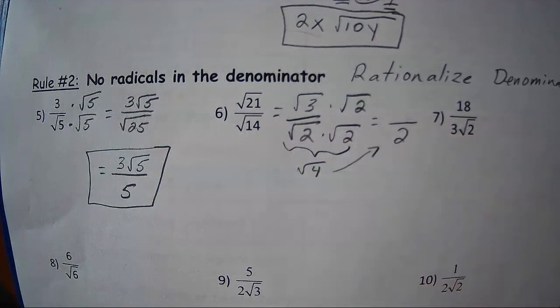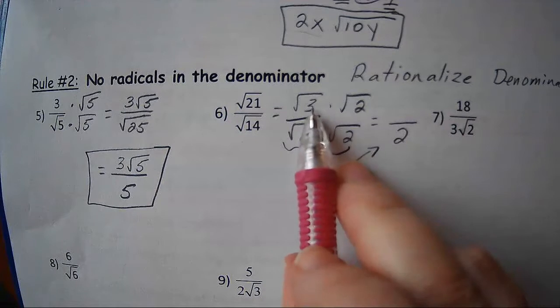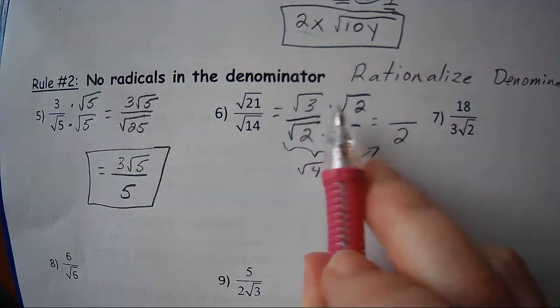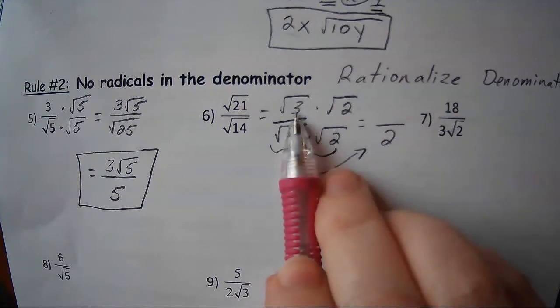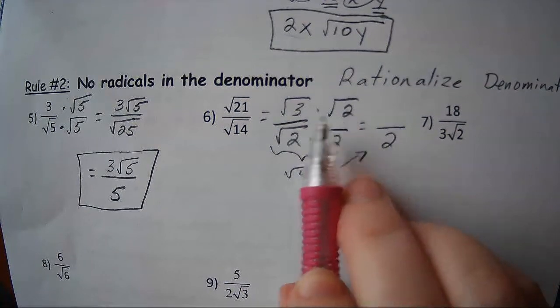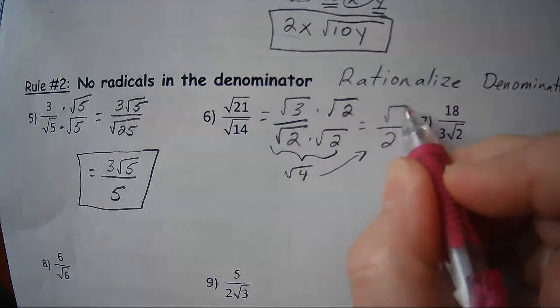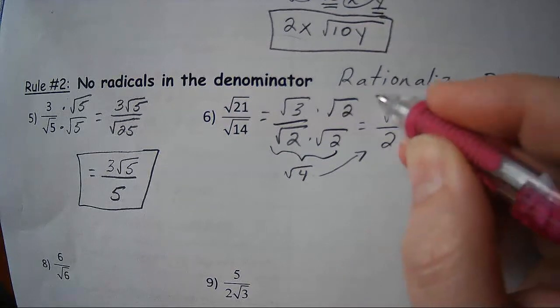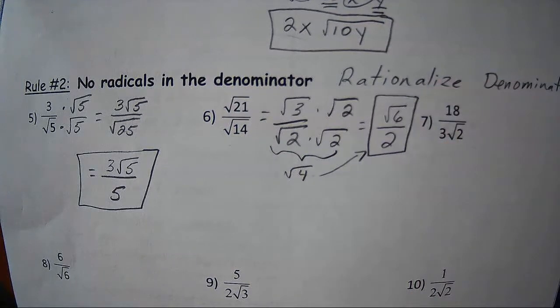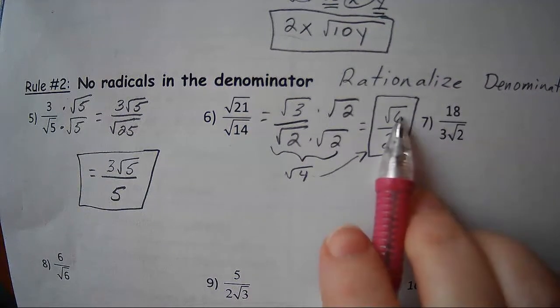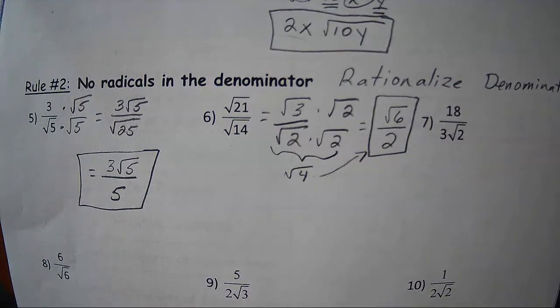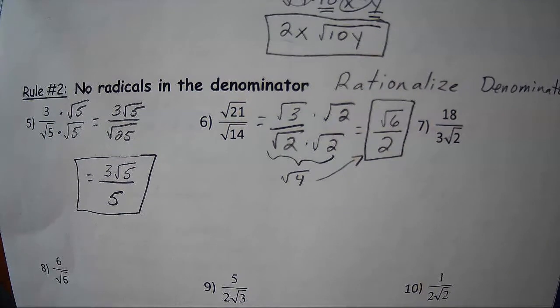Up on top, the square root of 3 times the square root of 2, I can multiply those because it's radical to radical. So 3 times 2 is 6. This is as simple as I can get it because the square root of 6 does not have any perfect squares in it.